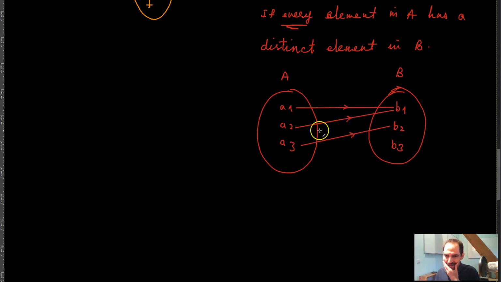You can see that in this case, of course, every element in A has been mapped to something in B, but the images of A1 and A2 are not distinct, meaning that A1 and A2 have the same image in B, which means that this is not a function, right?